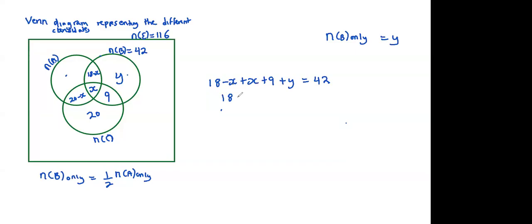So you have 18 plus 9 plus Y equals 42. You add 18 plus 9, which is 27. So I have 27 plus Y equal to 42, and our Y will equal 42 minus 27, which gives us 15. So here where we have Y, this one is going to be 15. Kindly let me know whether that is okay. Is that okay?